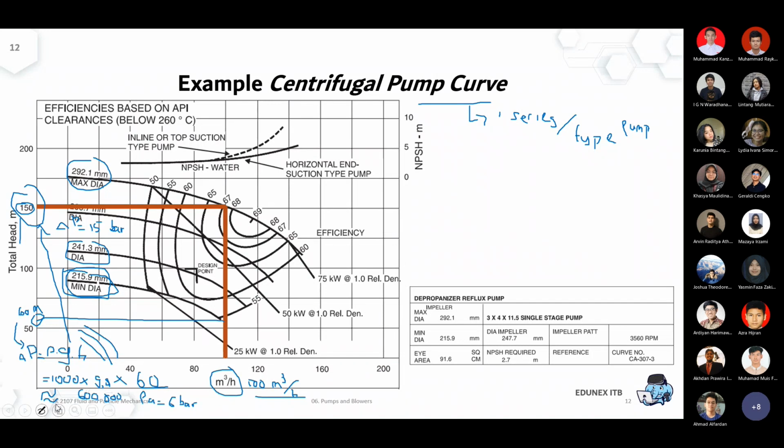So that's the source for the total head required by your pump. Then match it with the pump curve. Actually, it's doable using this pump. But if it doesn't fit, then this is not the correct pump for my application. I have to find maybe a bigger or even a smaller pump.